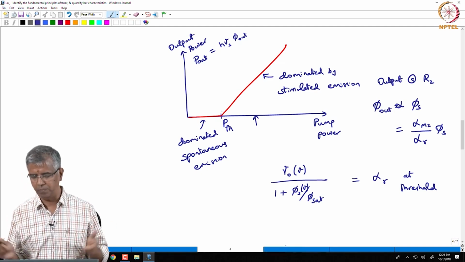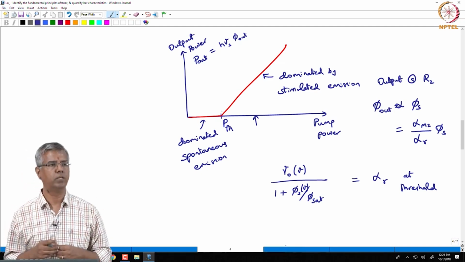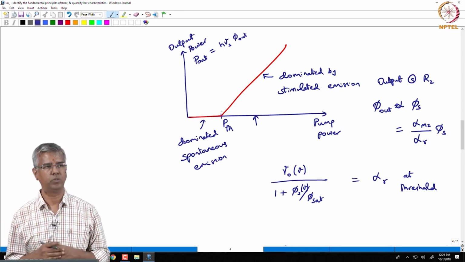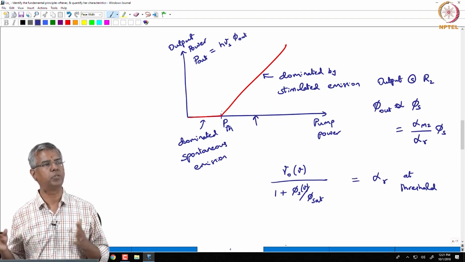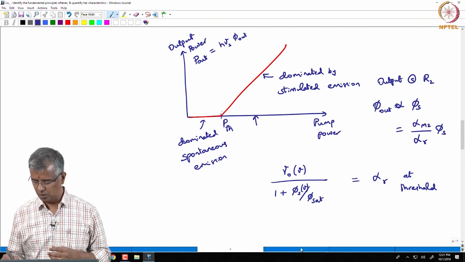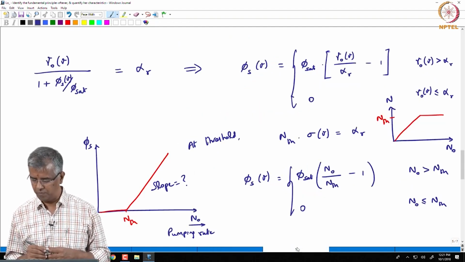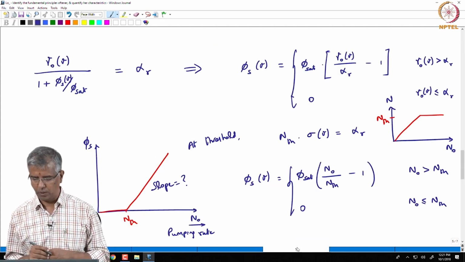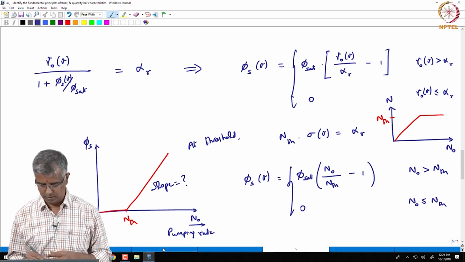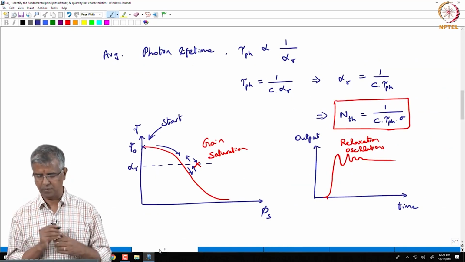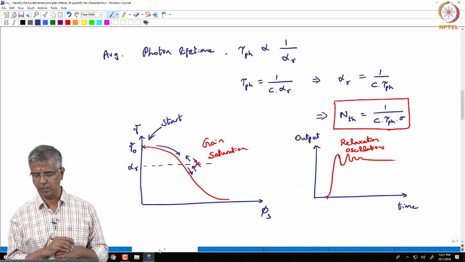So, we said as we build up these photons inside the cavity through stimulated emission, you start reducing the gain also, to the point that when we were looking at what happens when you turn on a laser, I think we were talking about this particular picture.